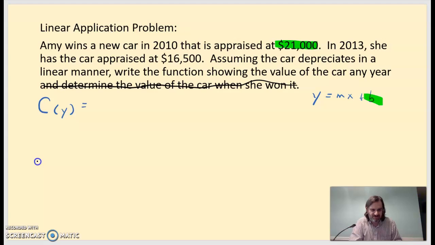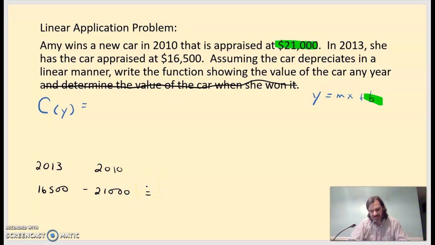So let's see how that would work out. In 2013, this thing was worth $16,500, and in 2010, when we got it, it was worth $21,000. So what happened? It went down in value, right?